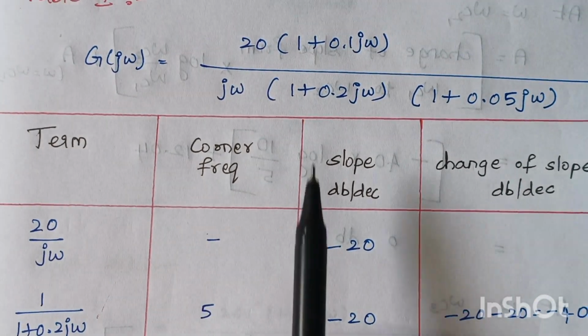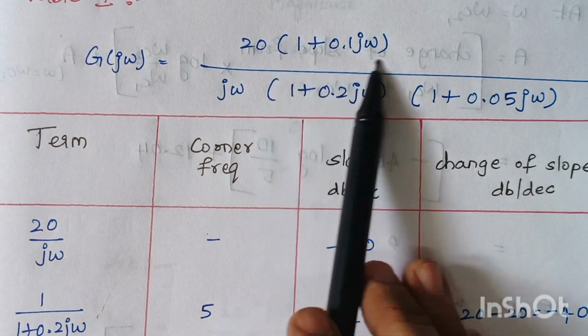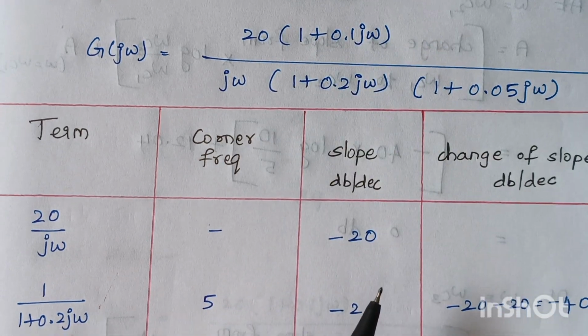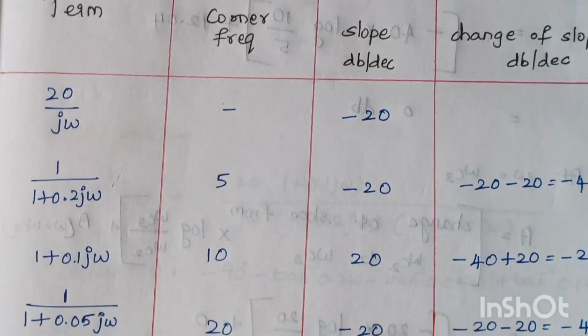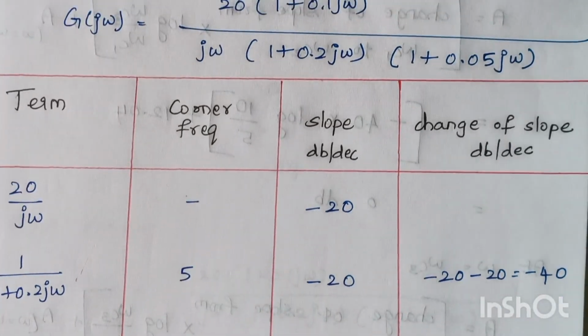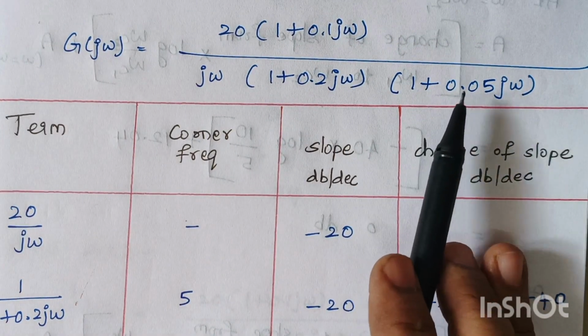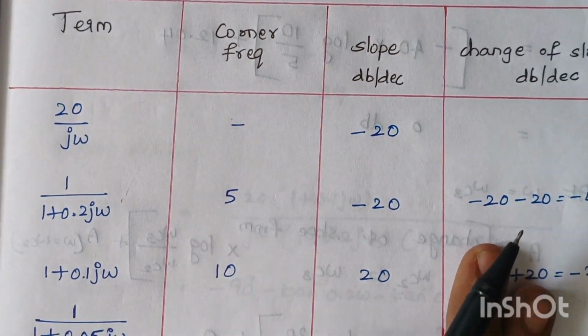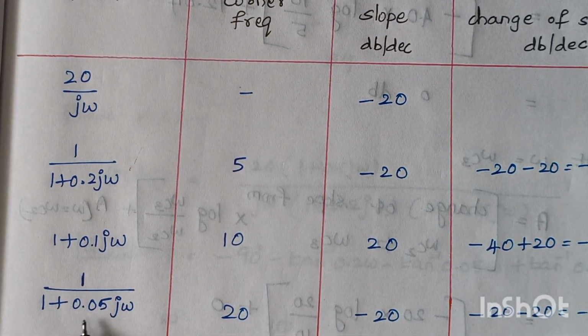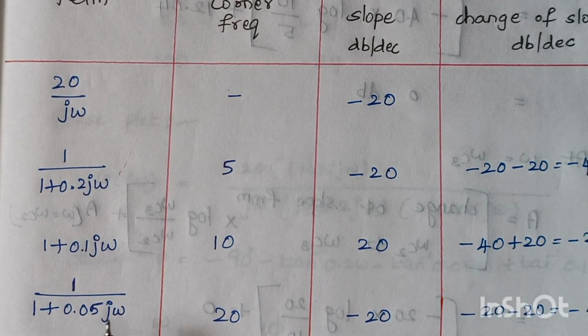It is contributed by this term, so it lies in the numerator. So here I have simply written 1 plus 0.1 j omega. And finally 20, which is produced by this term, and again this term lies in the denominator. So here I have written 1 divided by 1 plus 0.05 j omega, right?